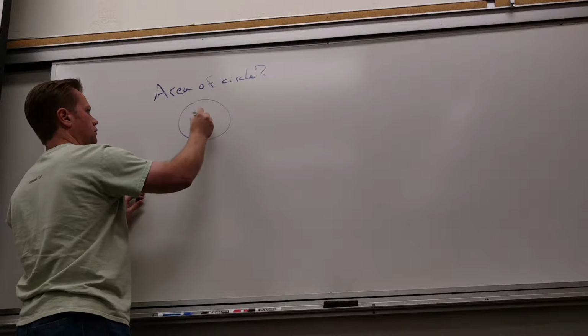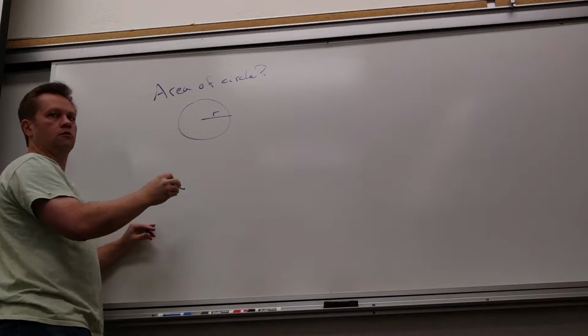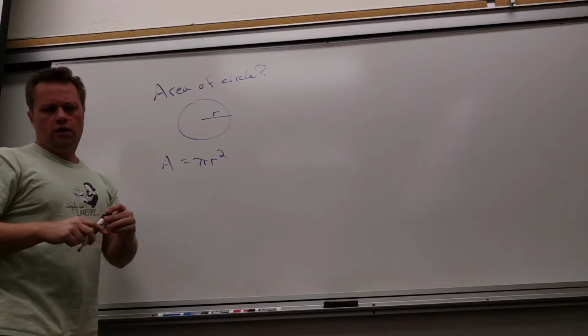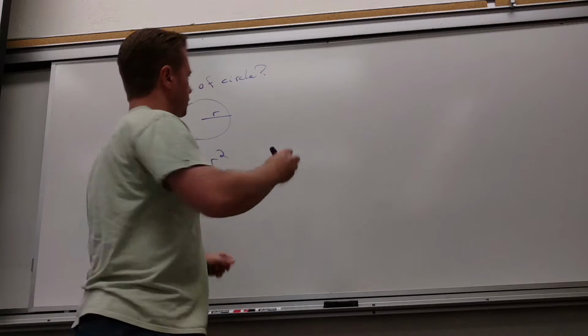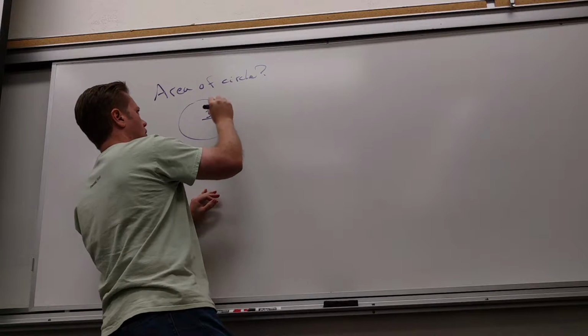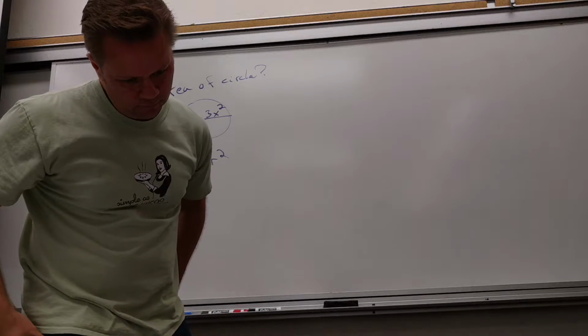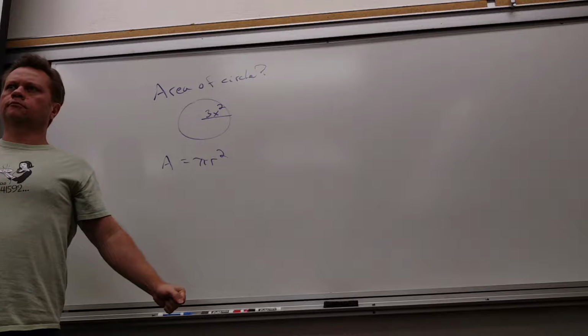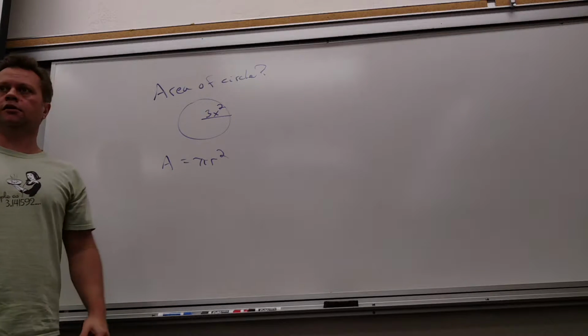What's the area of a circle? Pi r squared. Yeah. And so the circle they give you is this. So what's the radius? What's r? 3x squared. Yeah.